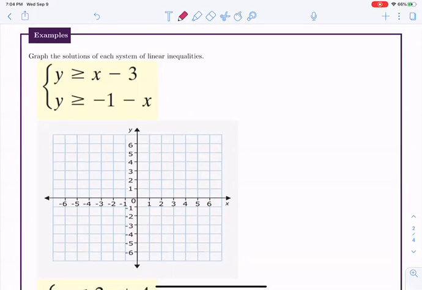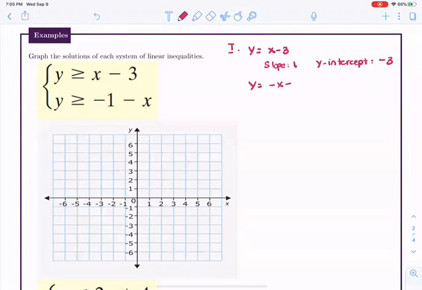For the first inequality, the corresponding equation is y equals x minus 3. So the slope of that equation is 1. The y-intercept is negative 3. The second equation would be y equals negative x minus 1.